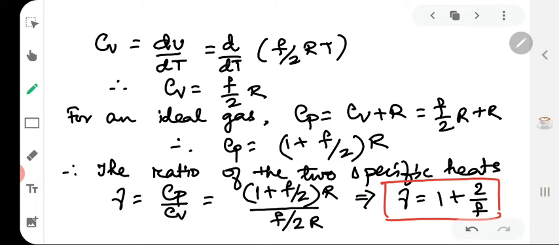Now we can calculate for monoatomic and diatomic gases.